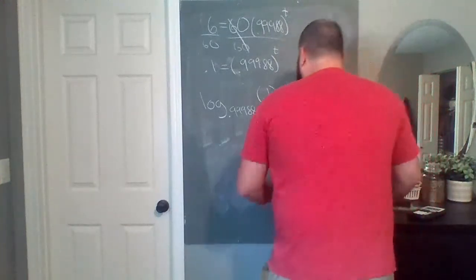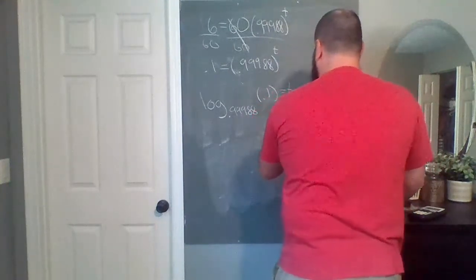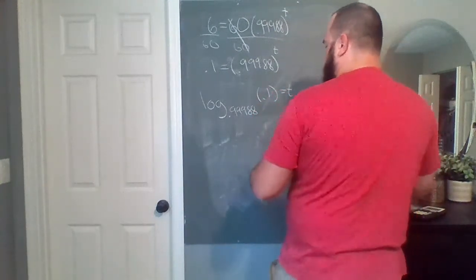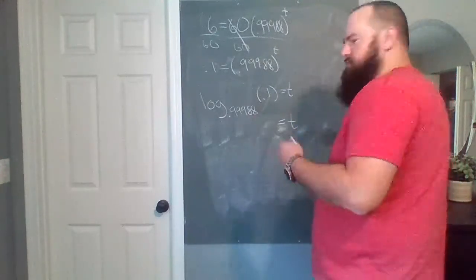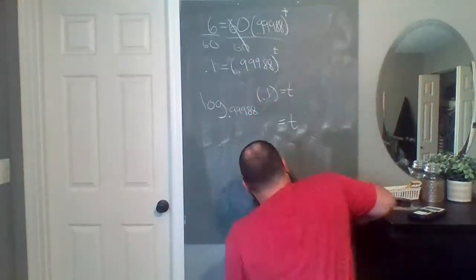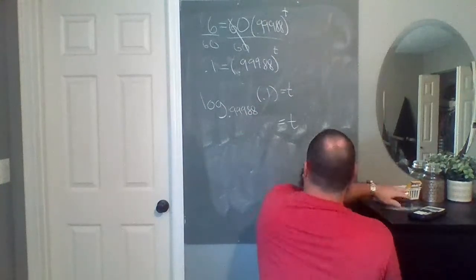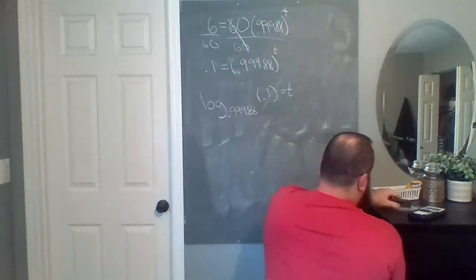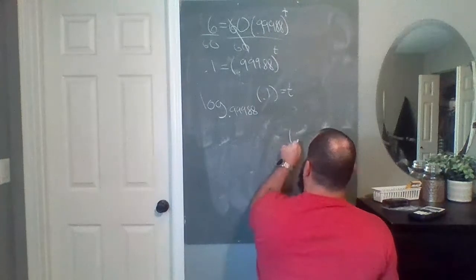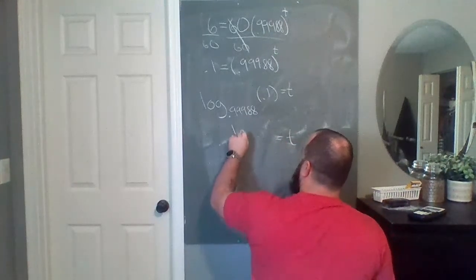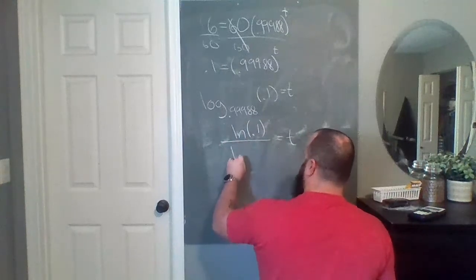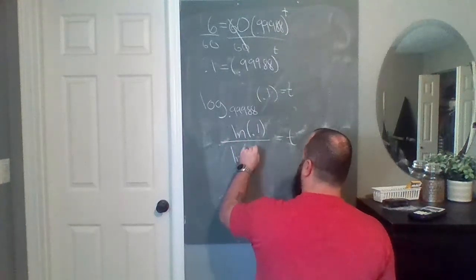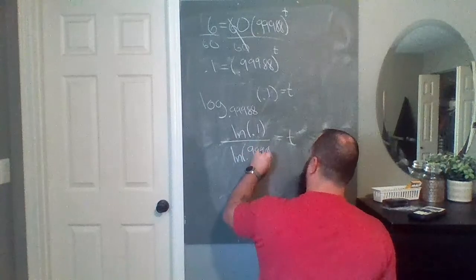So t is equal to, and let's do natural log. We haven't done a lot with natural log, but it's the same, and we have a button on our calculator, so no worries. The natural log of 0.1 divided by the natural log of 0.99988.